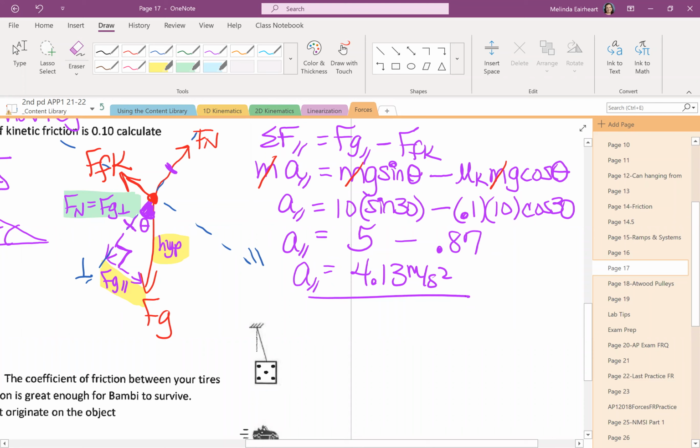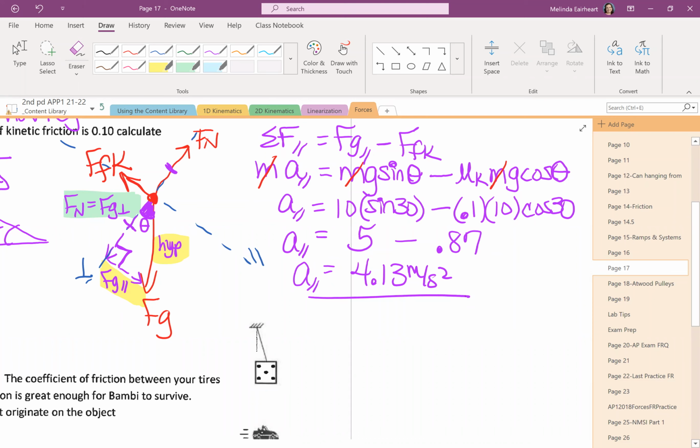Everybody good with that? Now, does mass cancel out in every single problem? Should we start getting cancel happy? No, okay? Only if every single force term is broken down into every single mass term. When is it not? For example, we've seen applied force, we've seen a tension force maybe.